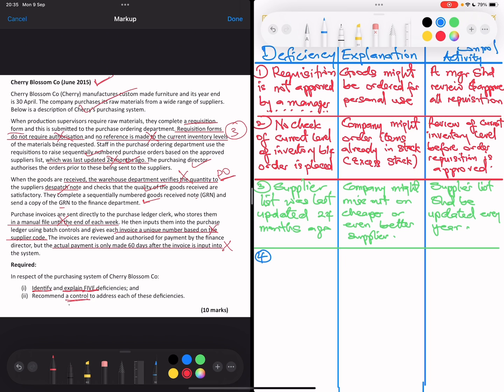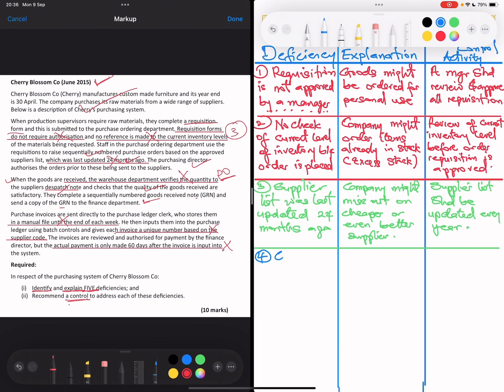Number 4 is this: when goods are received, the warehouse department verifies the quantity to the dispatch note. That is a weakness. It should be verified to the purchase order. Right?